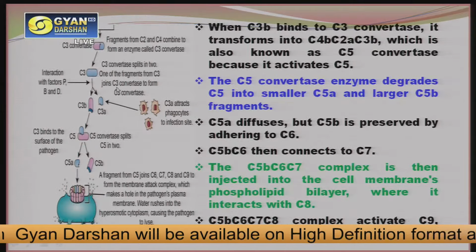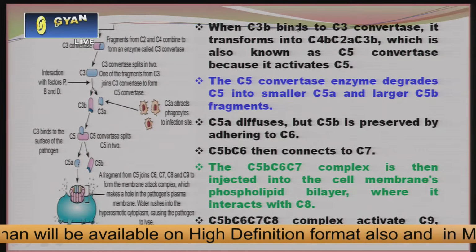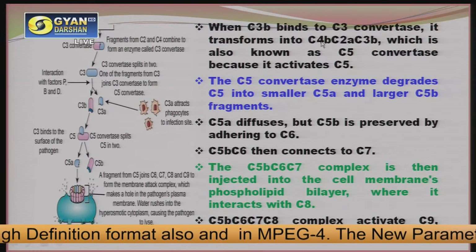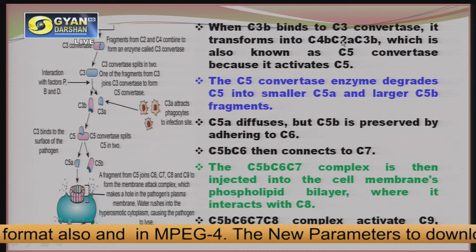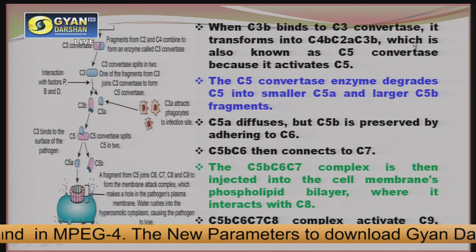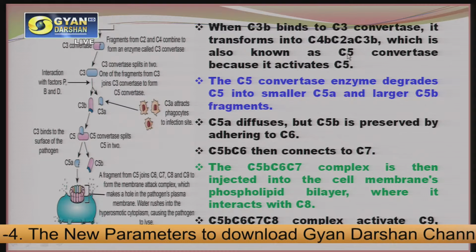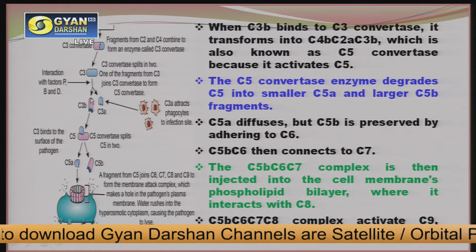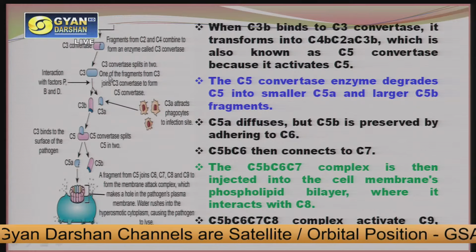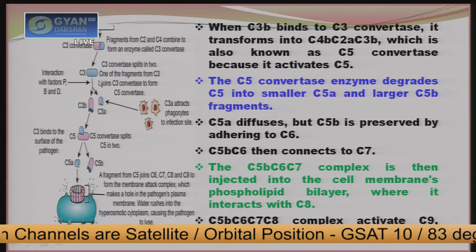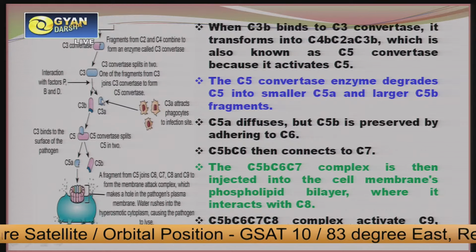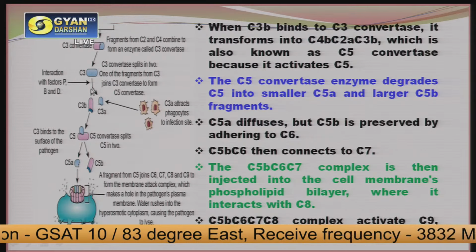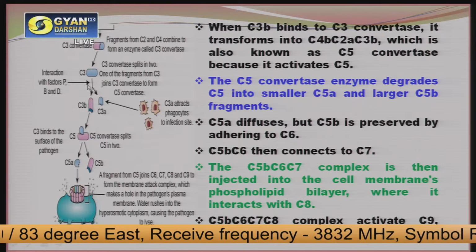pathway. And when C3b binds to the C3 convertase, it transforms to C4b2a3b, which is also known as C5 convertase because it activates C5. So here are the C3 convertase and C5 convertase, which are very important. They maintain the cascade of the pathway of the complement system.